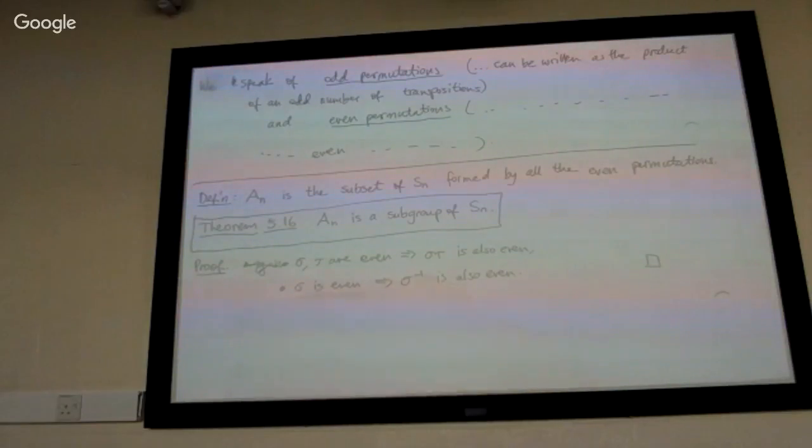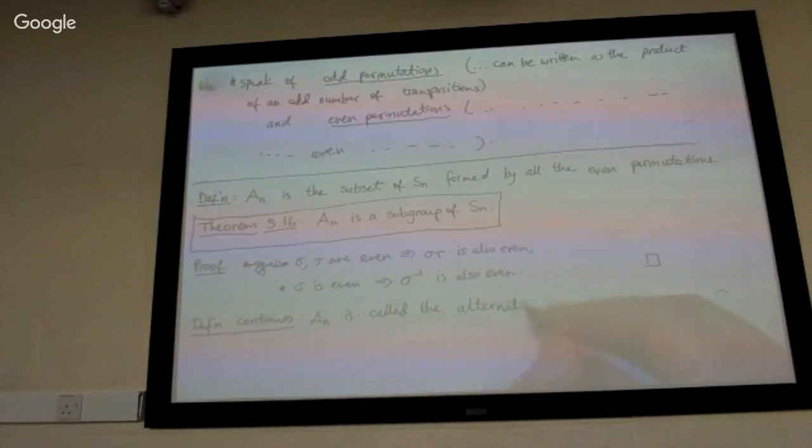So the definition continues. An is called the alternating group on n letters.